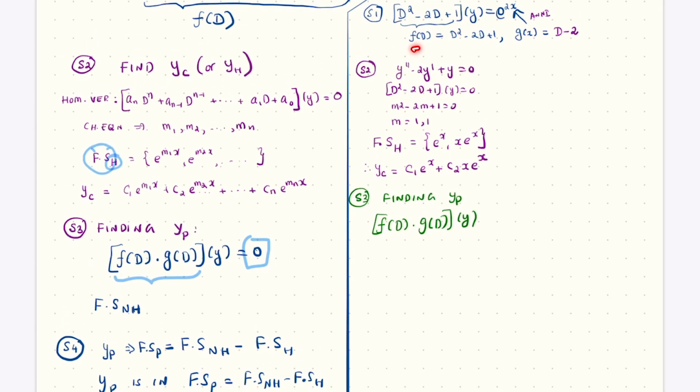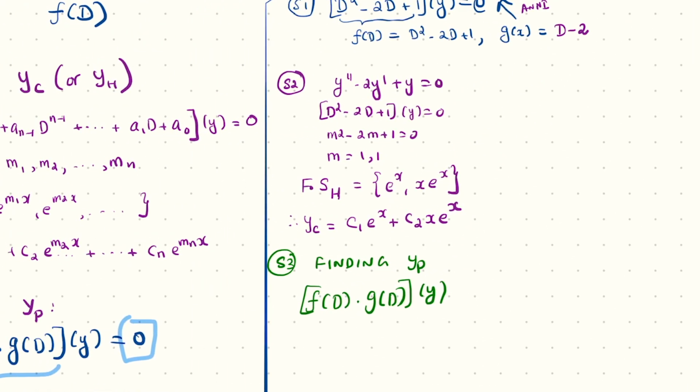We already have the f of d and g of d right here. So if I do that, what I'm going to have is d squared minus 2d plus 1 operated on d minus 2, of y equal to 0.